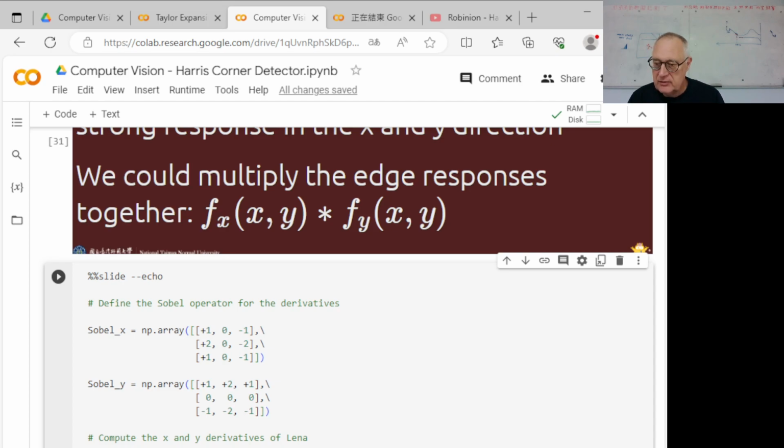Now, one thing is, this is definitely a lot easier to implement than calculating the determinant.